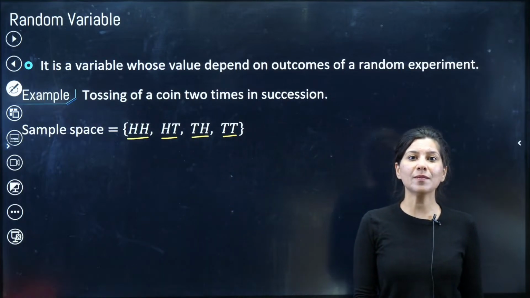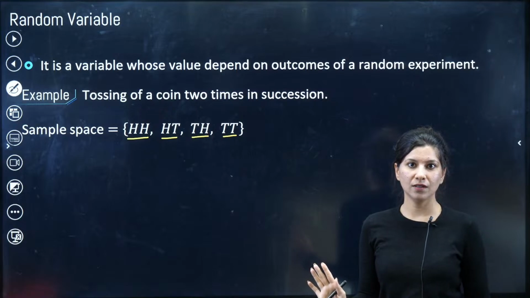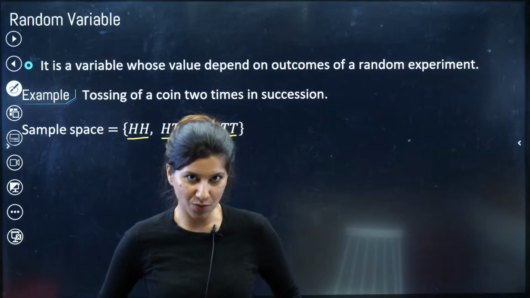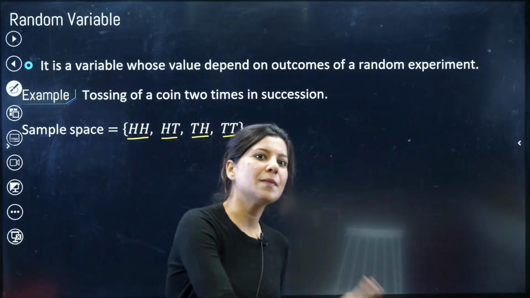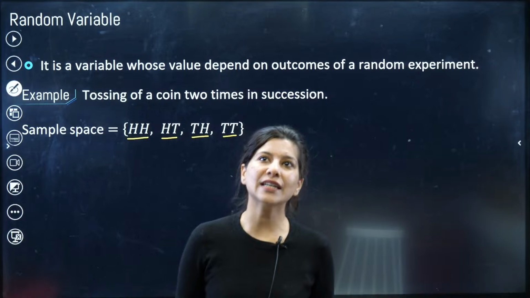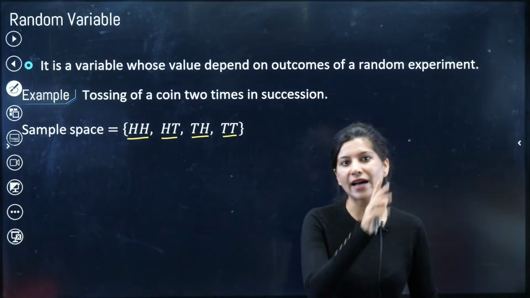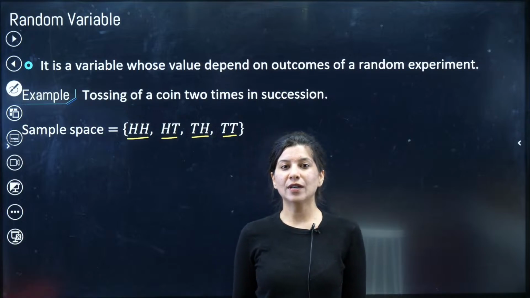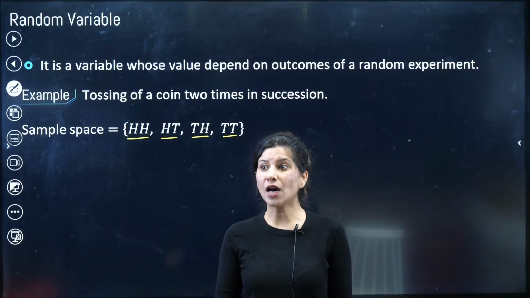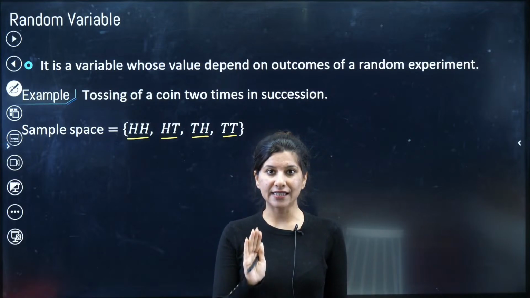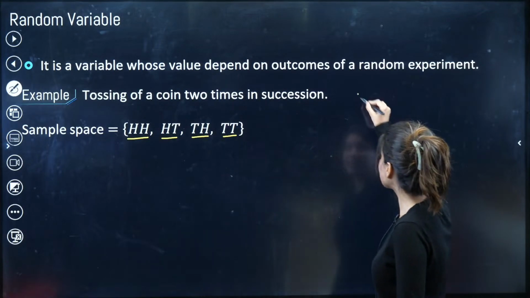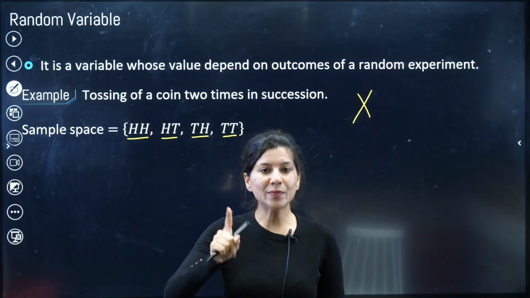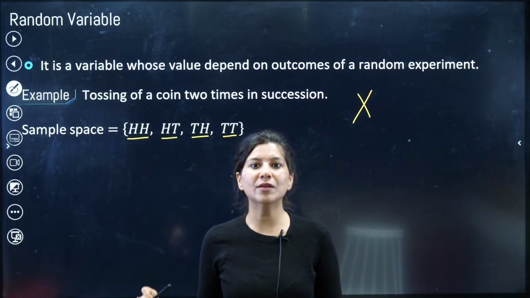Now, a random variable is nothing but a counter. It just counts randomly. For example, you are sitting with your friend, people are coming and going, and you're counting how many people are wearing a black dress. This is also a random variable. So a random variable is a counter, and it is denoted by capital X. If one person is wearing a black dress, the random variable will be 1.